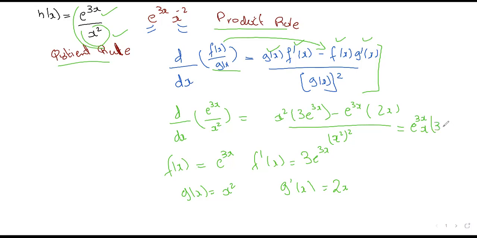We would be left with x, 3x minus 2 divided by x to the 4. We can cut it. This would be 3x minus 2 divided by x cube. Okay, this is how you have to simplify it. Is it clear? Yes, it's clear.